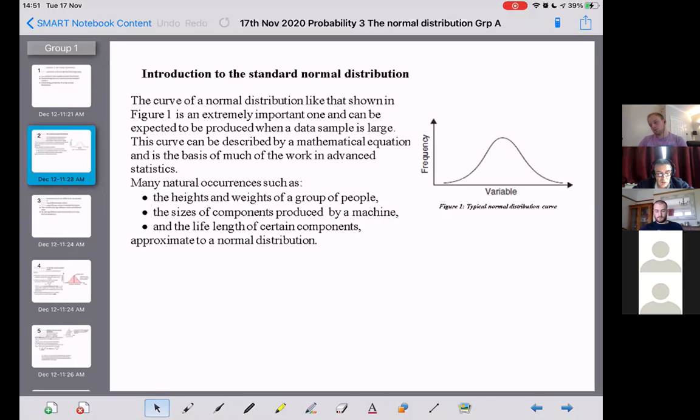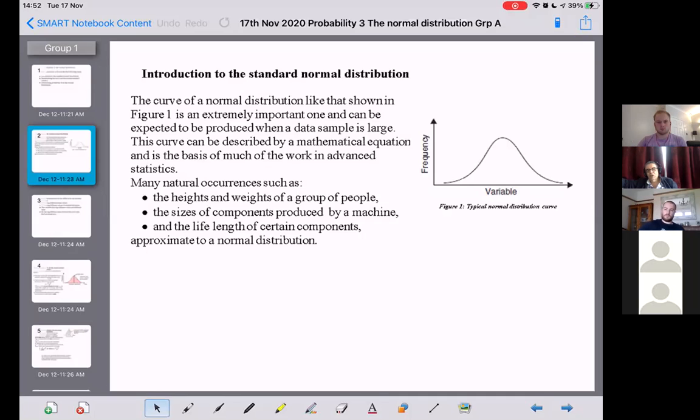It's an extremely important one, and you can expect this kind of distribution to be produced when a data sample is very large. We're talking maybe at least hundreds, if not thousands of data points, so that you get a really good idea of the average, and that will normalize into this kind of standard curve.